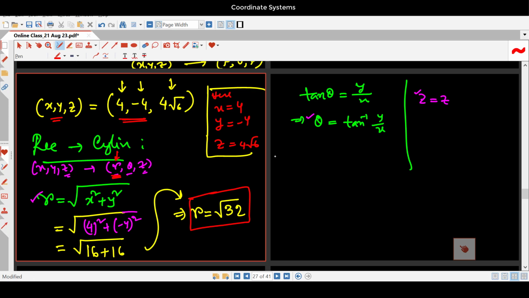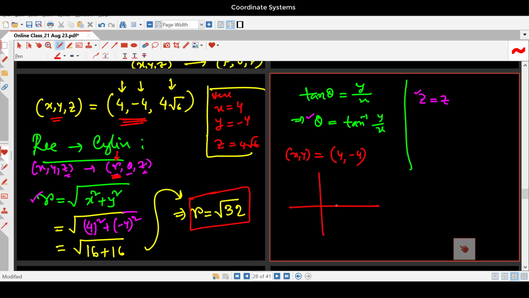If we think about x comma y, then the point is just 4 comma minus 4. Just think about x and y, no need to think about z. That means in 2 dimensions the point is in the 4th quadrant.